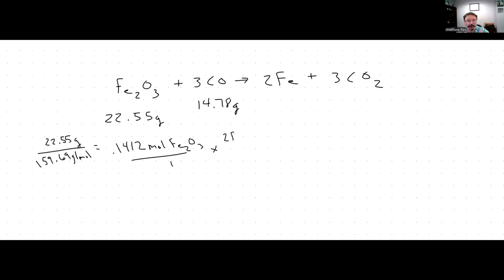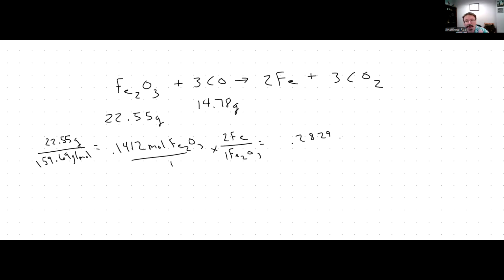I'm going to use iron for both of them. You could use the CO2 instead if you want. In this instance, it's a 2-to-1 ratio, so that means it should make 0.2824 moles of iron.